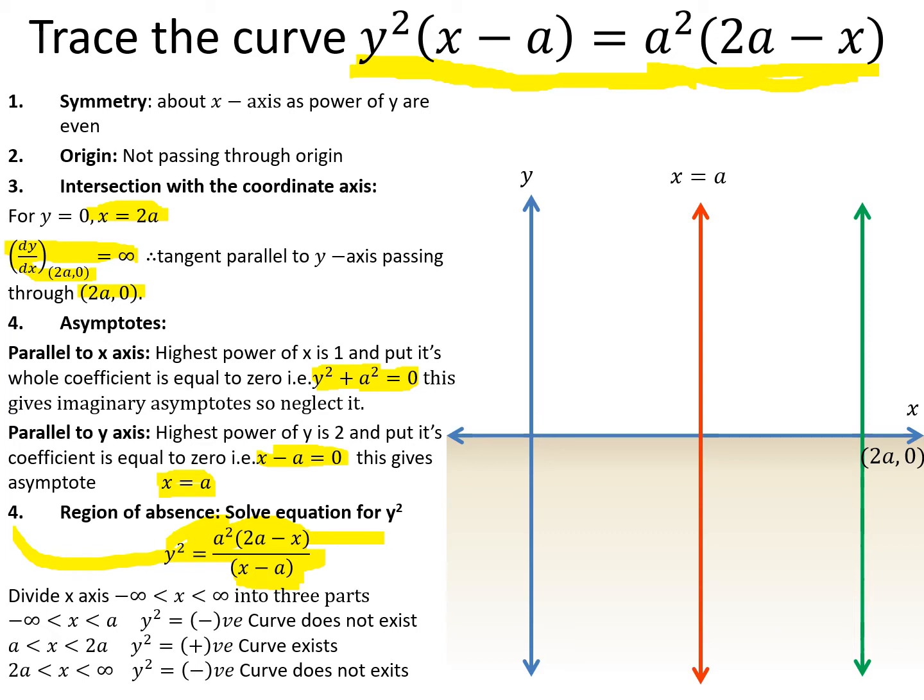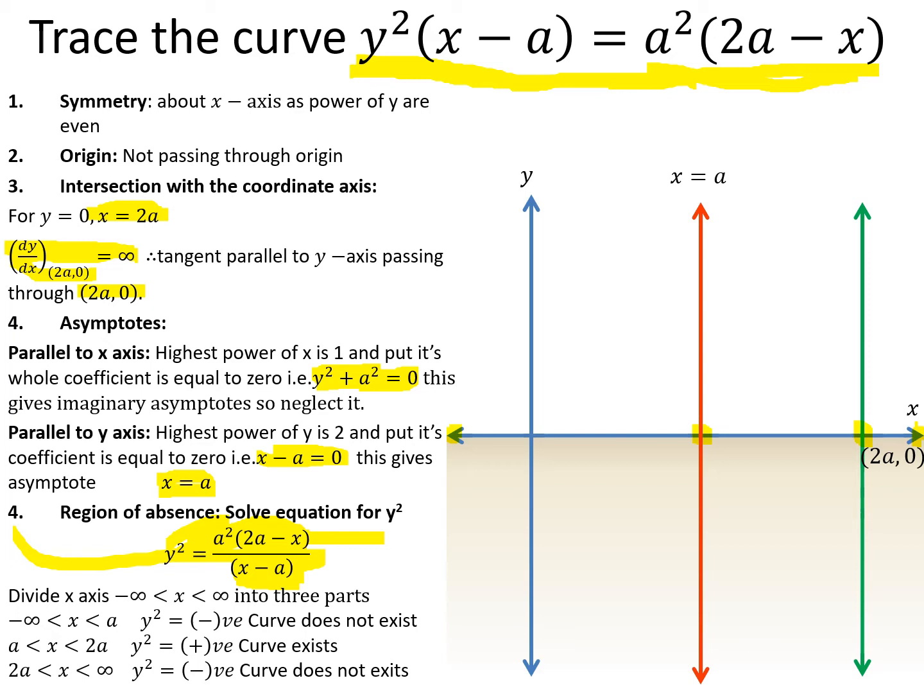So here we will get 4 points on the x-axis. First is minus infinity, second is a, third is 2a, and the last one is infinity, which are denoted by the yellow marks on the x-axis. So in all we are getting three parts. One is minus infinity to a, the second part is a to 2a, and the last part is 2a to infinity.